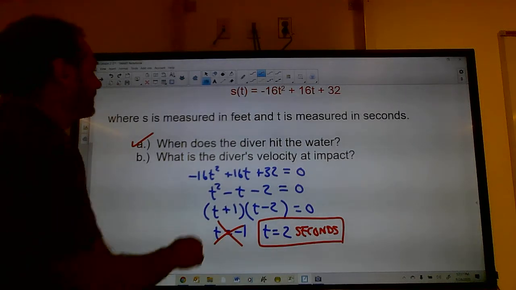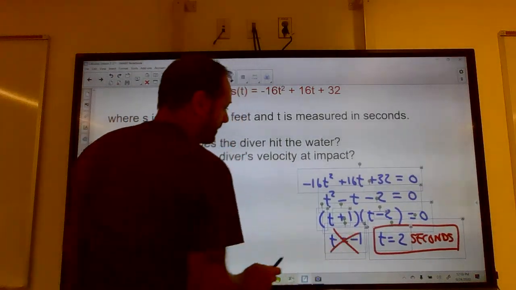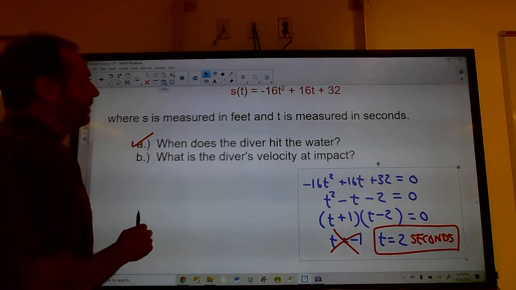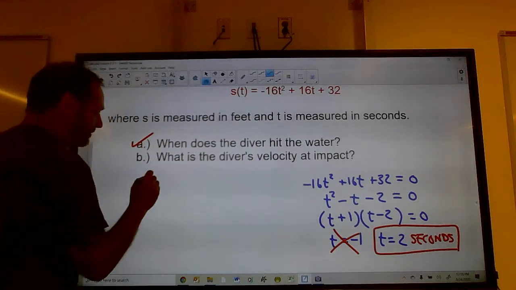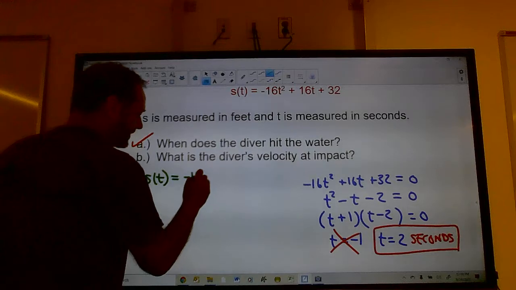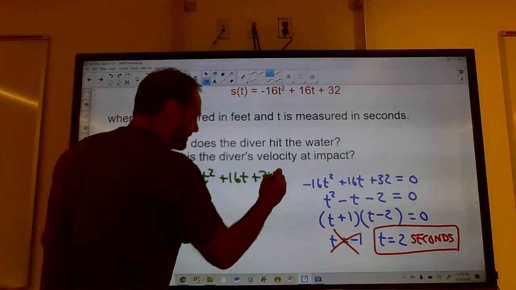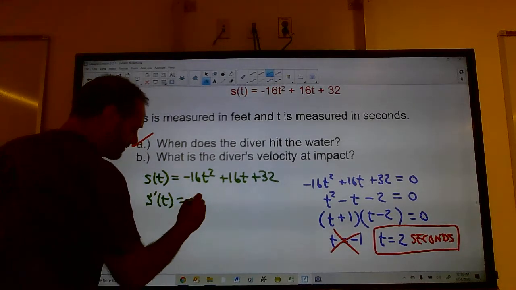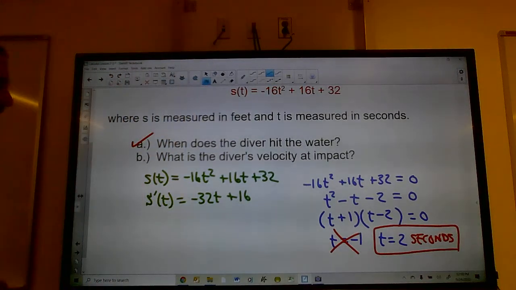Now, what is his velocity? Okay. So I need the derivative of his position function. So the position function S of t is negative 16t squared plus 16t plus 32. I take the derivative of that. S prime of t is going to be negative 32t plus 16.